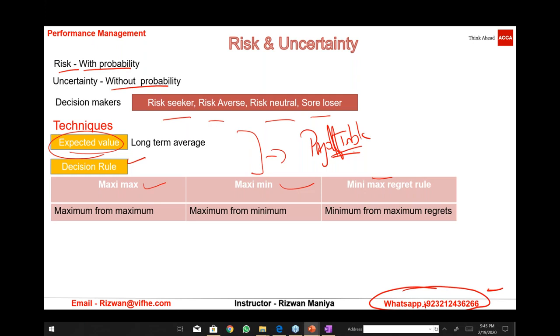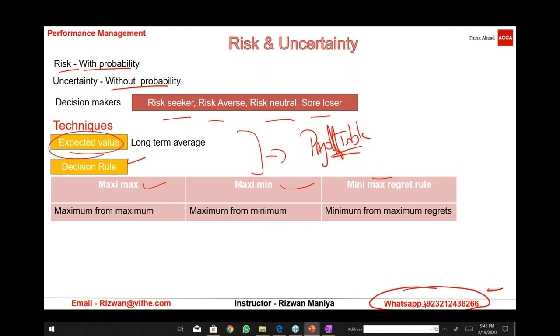So in the previous webinar, I did a question where the payoff table was already given. I will just give you the reference of that question as well. So the payoff table was given, and you just had to use the techniques like maximax, maximin, and things like that. Today, the question that I'm solving in front of you is one in which we will actually prepare a payoff table, and using that table, we will use the techniques.